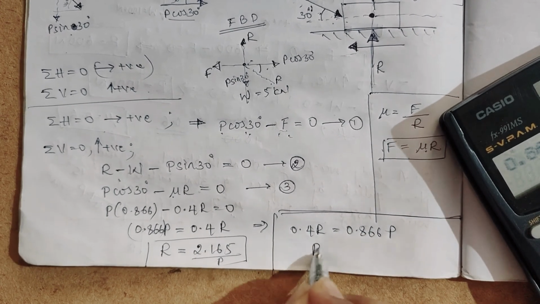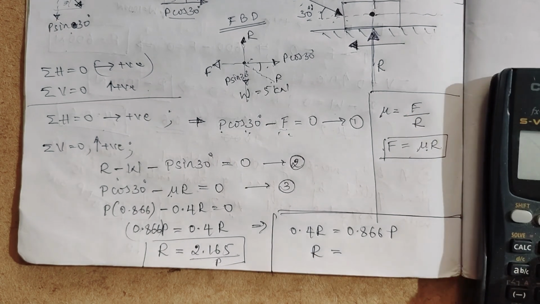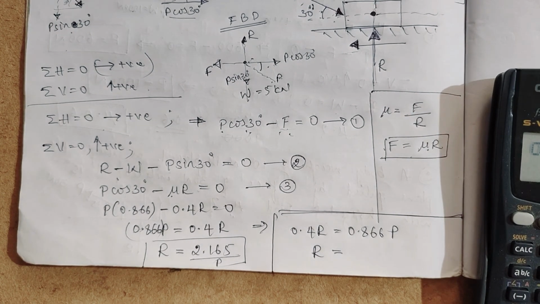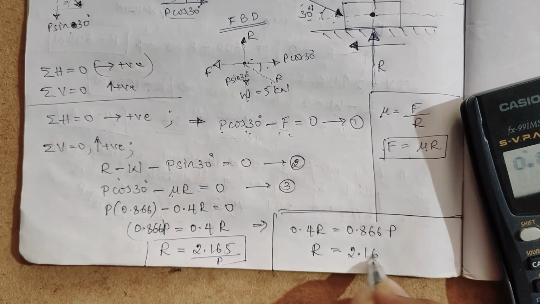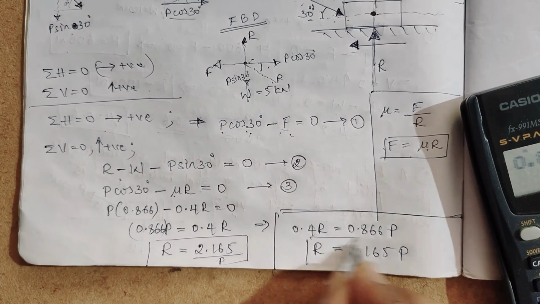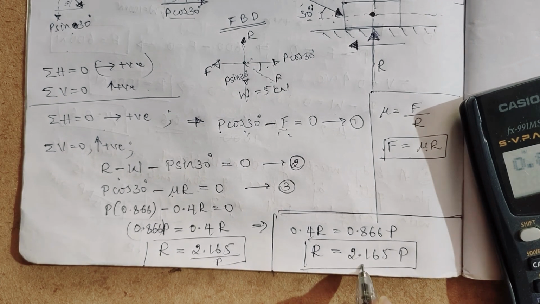I want the value of R, so 0.866 divided by 0.4 is 2.165 P. So our value of R is 2.165 P.